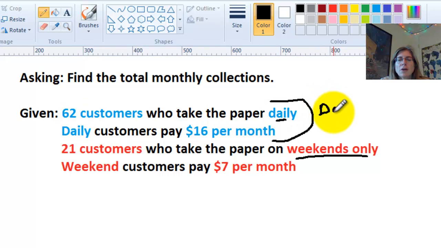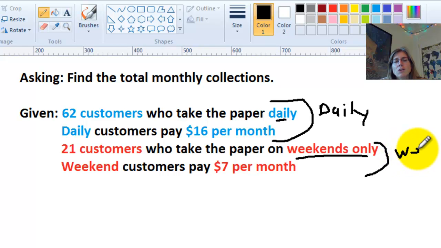And these two sentences with the red markers, 21 customers who take the paper on weekends only, weekend customers pay $7 per month, I grouped so that you're looking at all the information for weekend customers.